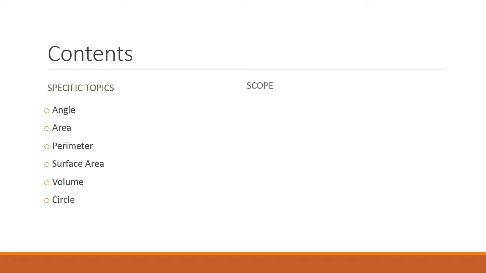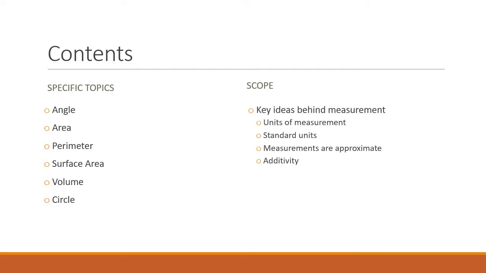And we have some ways of looking into these topics, and those will be about measurements. In measurement, we have key ideas such as the unit of measurement, standard units, the idea that measurements are approximate, and also that measurements can be divided and added, called additivity.